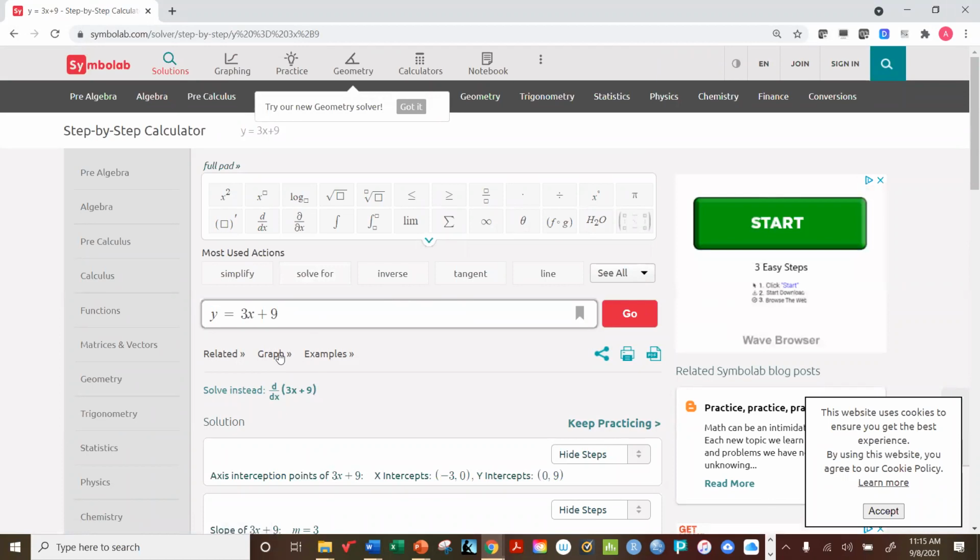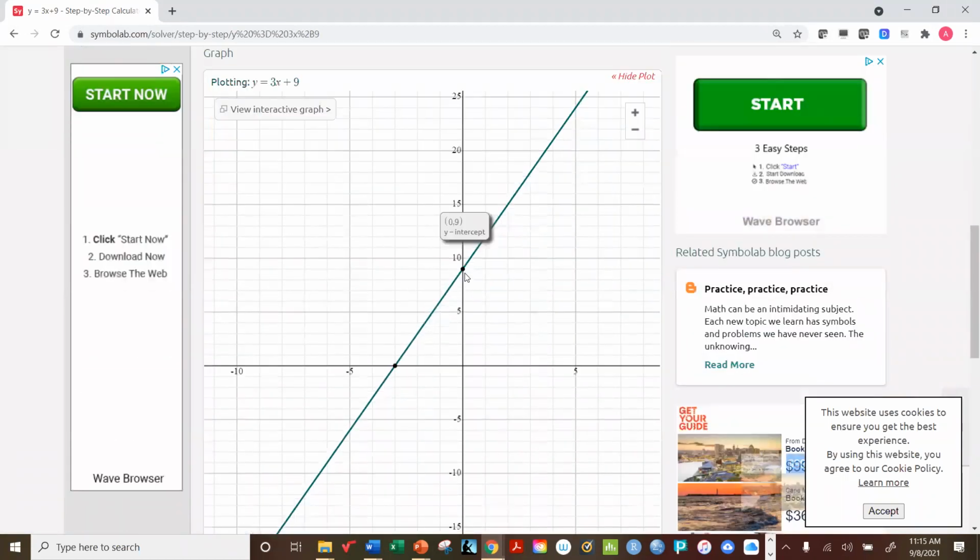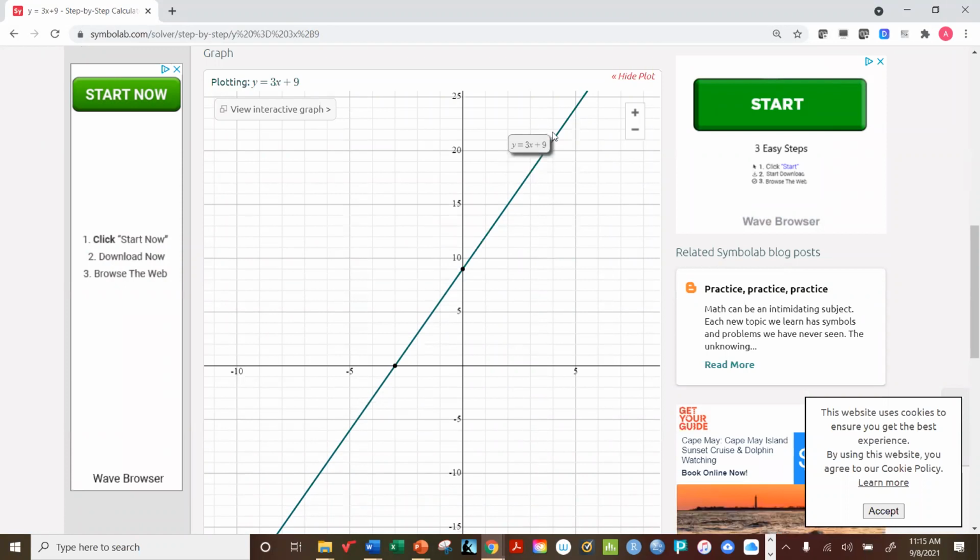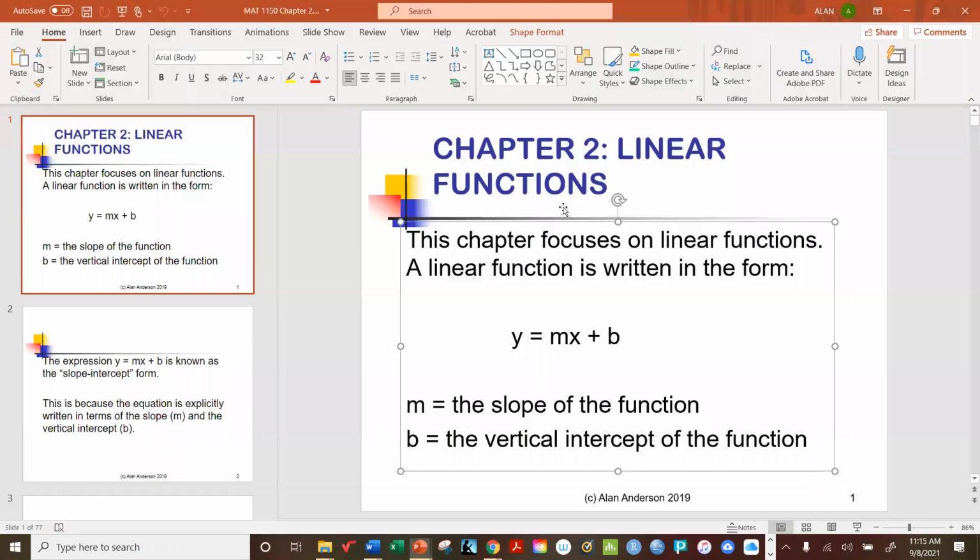So let's take a look at that graph. Yes, there's the intercept. That's where it crosses the vertical axis. x is 0, y is 9. The slope is 3. It's quite steep. And that means that every time x goes up by 1, y goes up by 3, forever. It never changes. So this is a linear function. And of course, the word linear includes the word line.